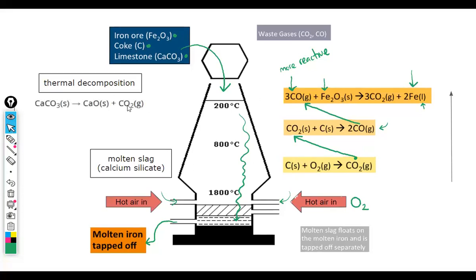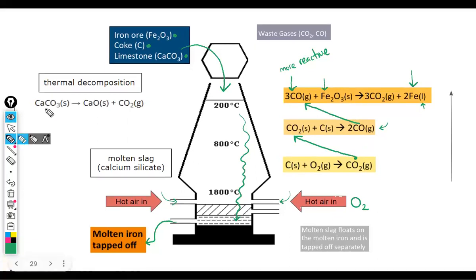So look over here. Whenever you expose calcium carbonate to a very hot environment, there's something called thermal decomposition. Don't let that scary term get to you. You know what that really means? Certain things, when you apply heat to them, the heat causes them to break down into different products.